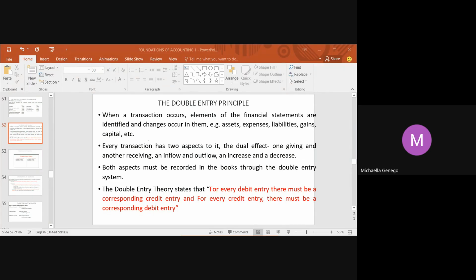So we've talked about the five elements of a financial statement already. So we look at these five elements and then we see how their double entries are supposed to be.